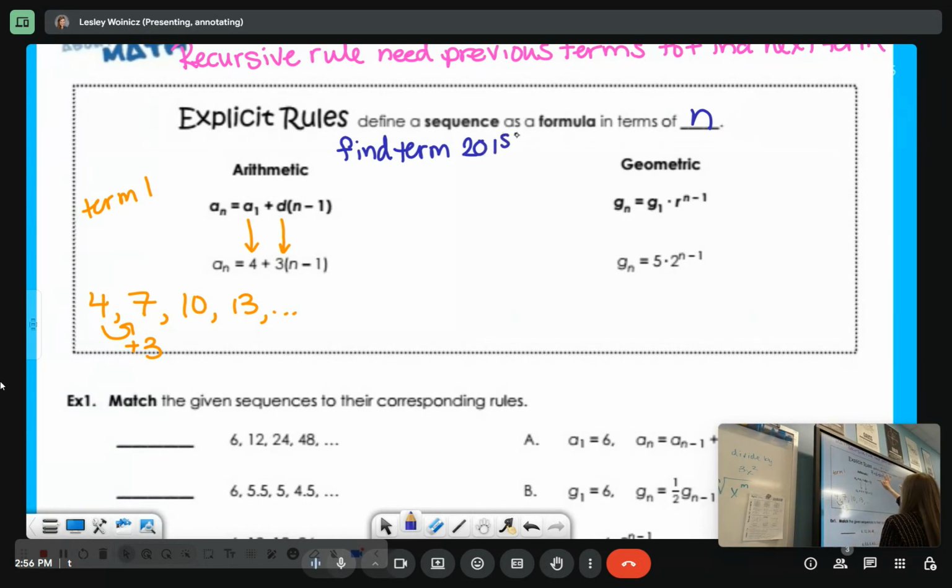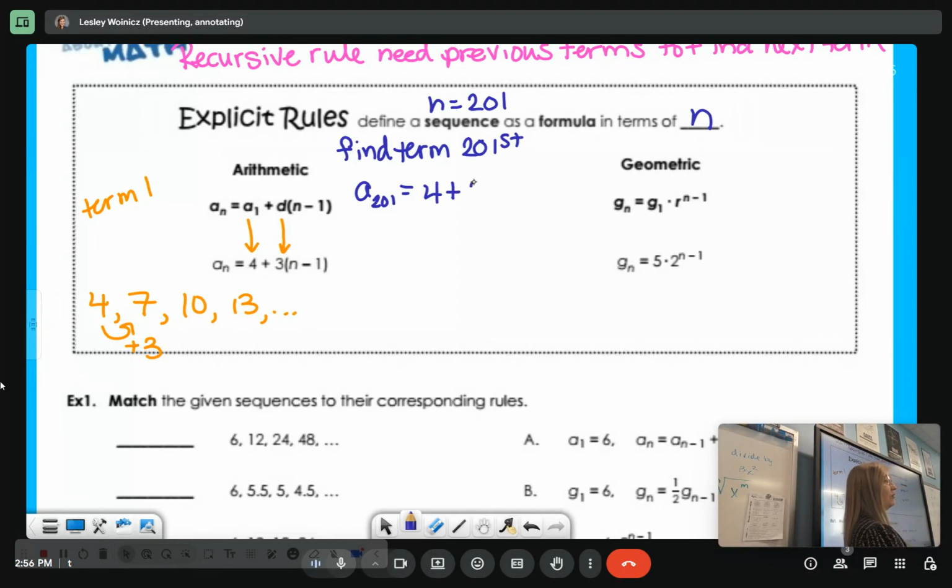So I can do a sub 201 equals 4 plus 3 times 201 minus 1. I just put in 201 wherever I had an n. Now, all we have to do is simplify the right side.